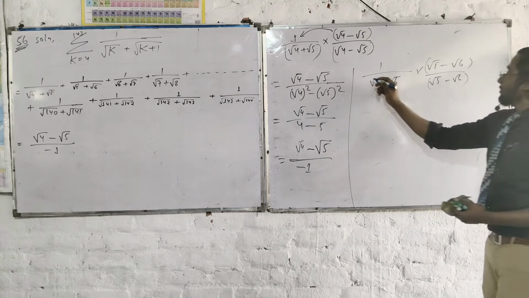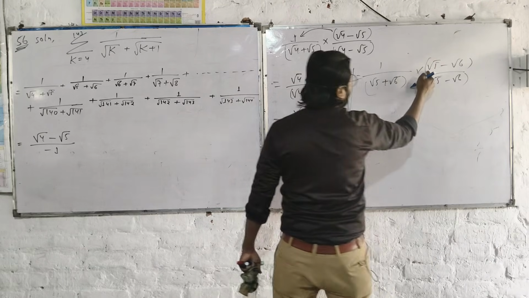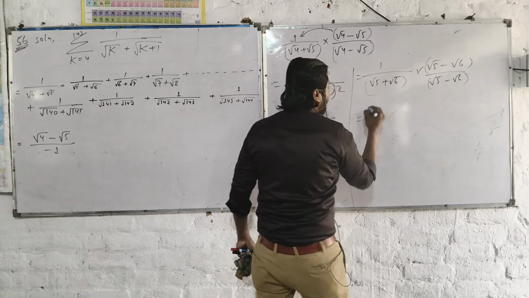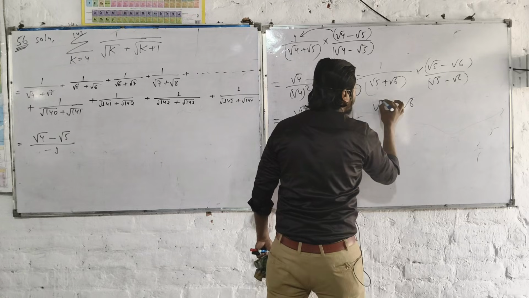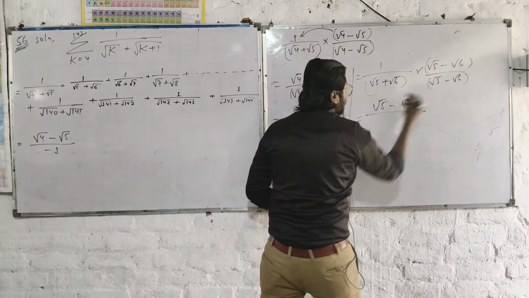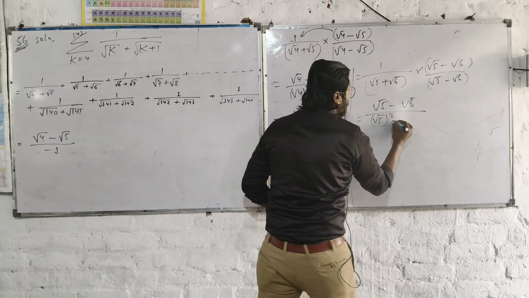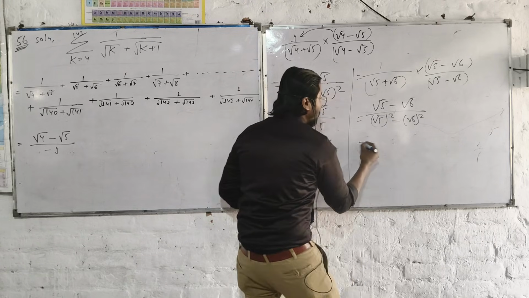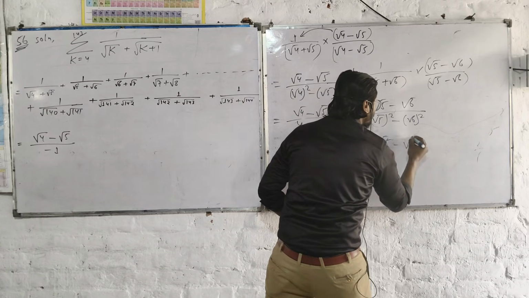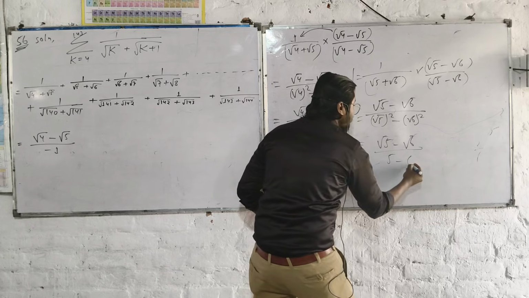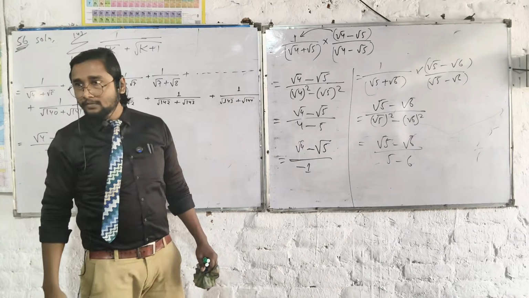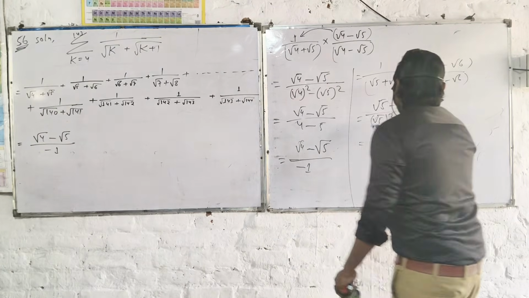So root 5 minus root 6 by (a plus b) into (a minus b). So root 5 whole square minus root 6 whole square. So you will get root 5 minus root 6 by 5 minus 6, right? Hey, it will be cancelled.